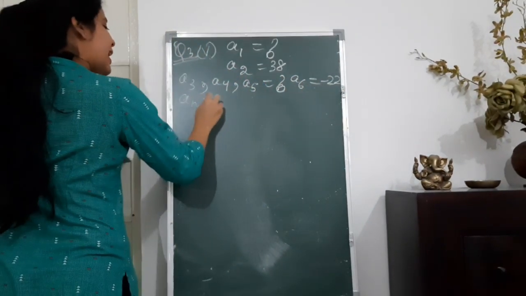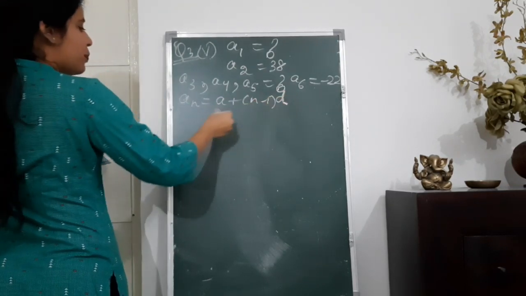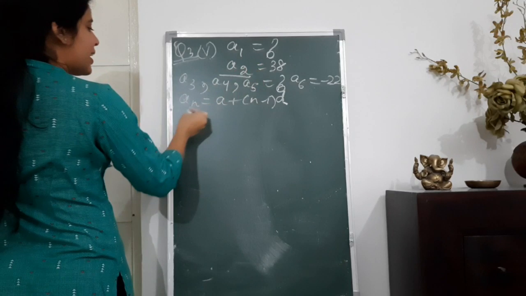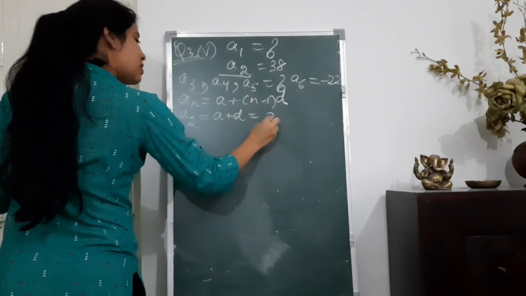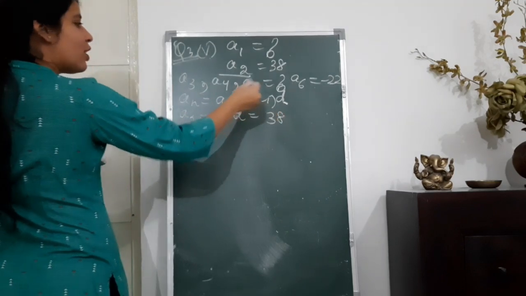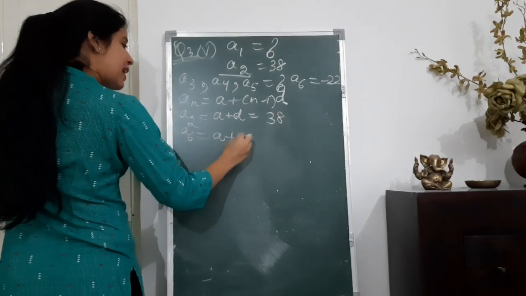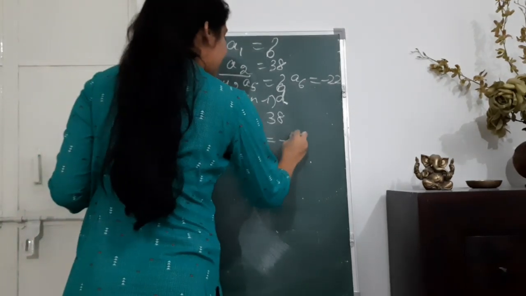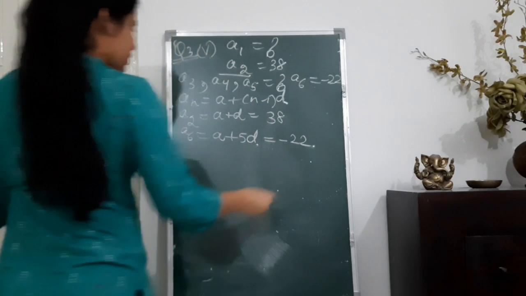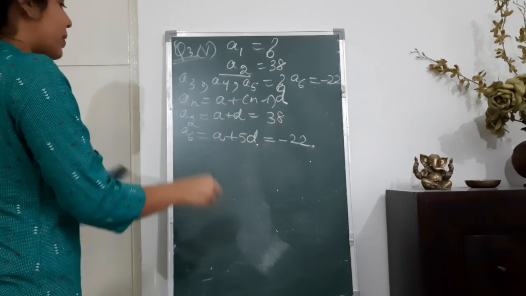Using the formula An is equal to A plus N minus 1 into D, let's put N as 2 first, then I get A2 is equal to A plus D is equal to 38, and when I put the value of N as 6, I get A6 is equal to A plus 5D, which is equal to nothing but minus 22, right? A2 is equal to 38, A6 is equal to minus 22.